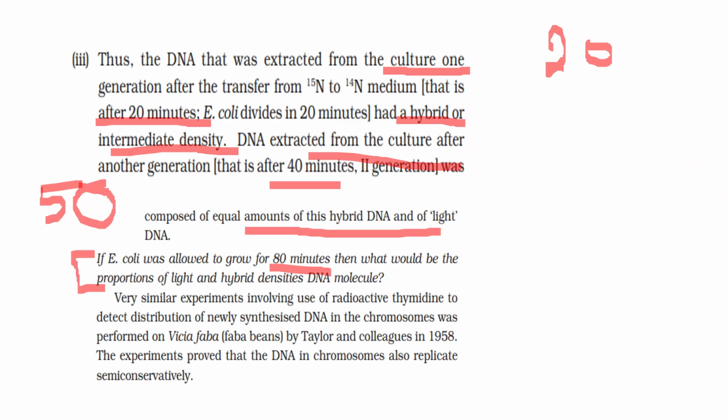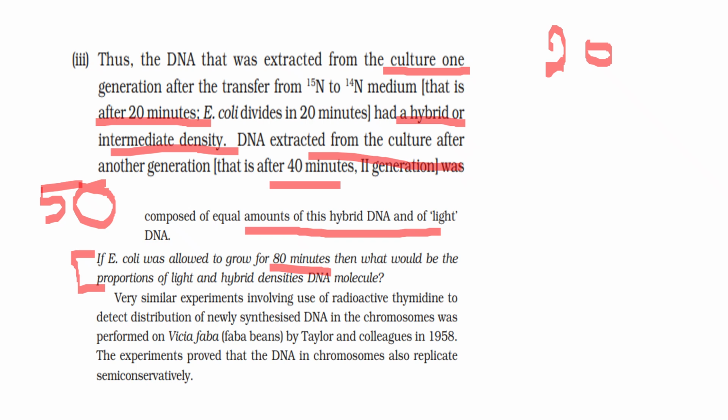And then in 80 minutes, the hybrid character will be reduced to 12.5%. So every 20 minutes, the hybrid character is reduced to half of its previous value. I hope you get it. This proves that DNA replication is semi-conservative.